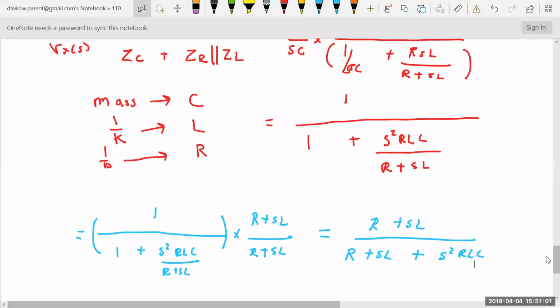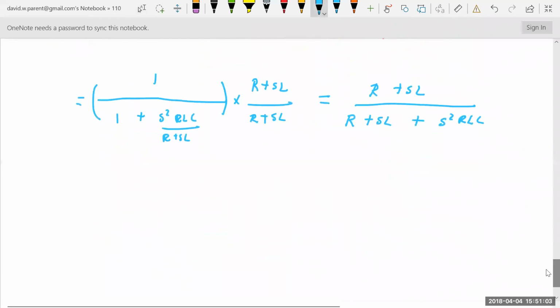All right, now we have a choice. You can, all right, A equals RLC, B equals L, C equals R. But I really like to get it in that standard form, where this has a constant of 1.